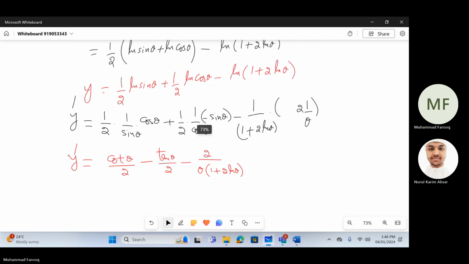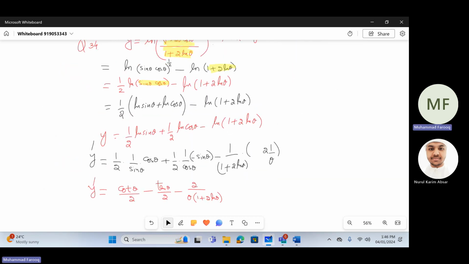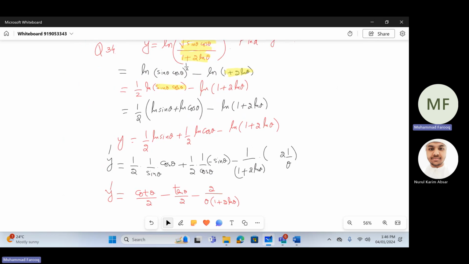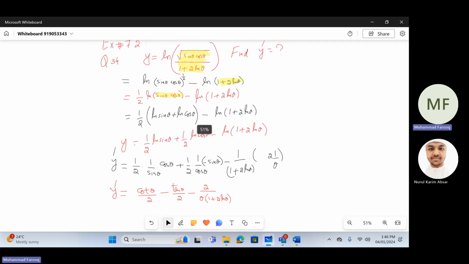Do you understand this differentiation? Why did you put 1/2?